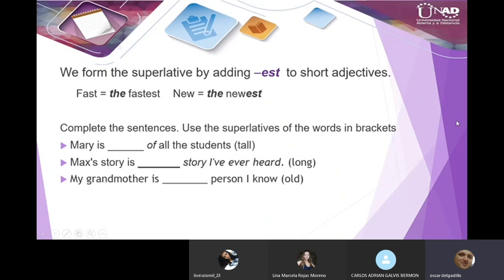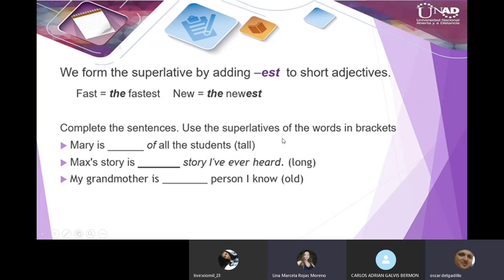Lina, can you complete these sentences? Complete the sentence and use the superlative of the word in brackets. Mary is the tallest of all the students.